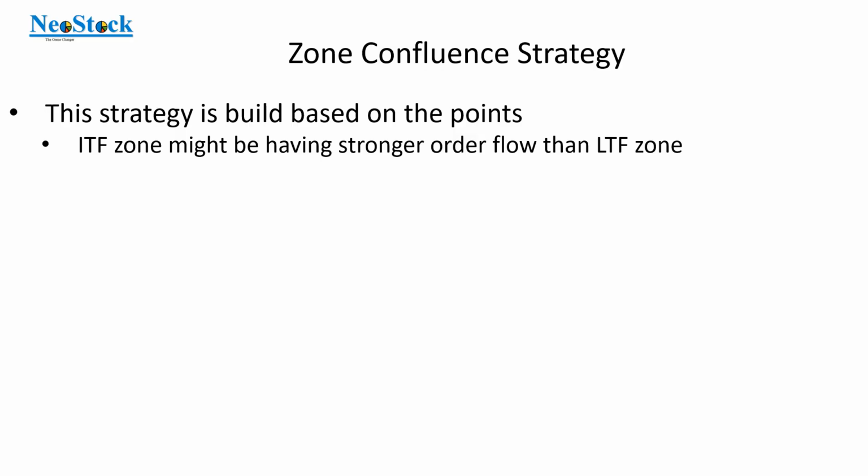It need not be always, but most of the times. You have seen some lower time frame zones, especially high liquidity zones or bull traps and bear traps. Such zones will have strong order flows. If you forget about those important zones, in general, the ITF zone might have stronger order flow compared to the lower time frame zone.